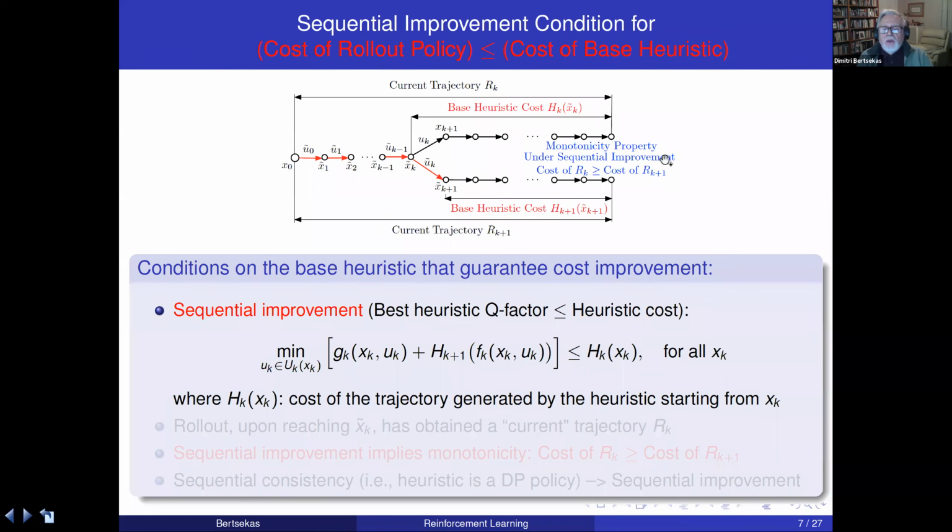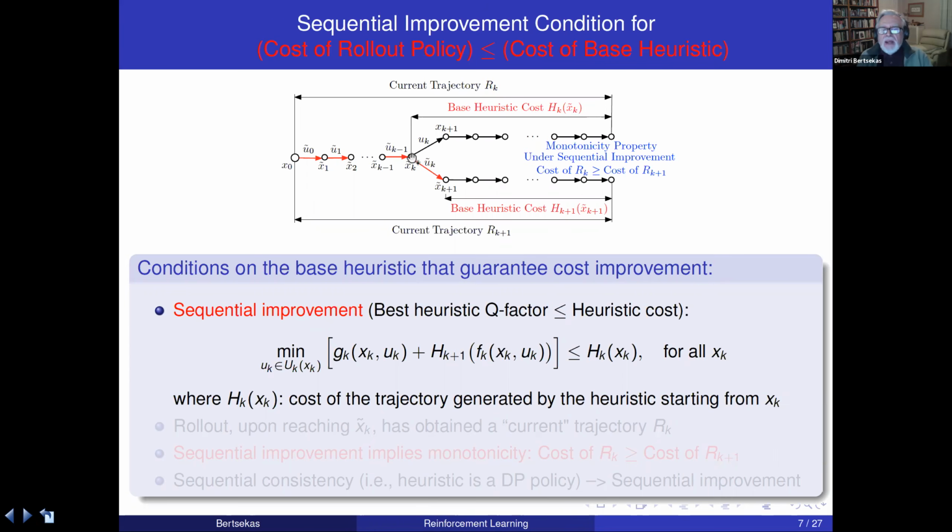Okay, let's go back to this figure here. We have arrived at state x tilde k. And to arrive there, we have computed the heuristic cost from x tilde k in the process of arriving, right? We consider the Q factor that goes from here to here and then uses the heuristic. And so we have this heuristic cost.